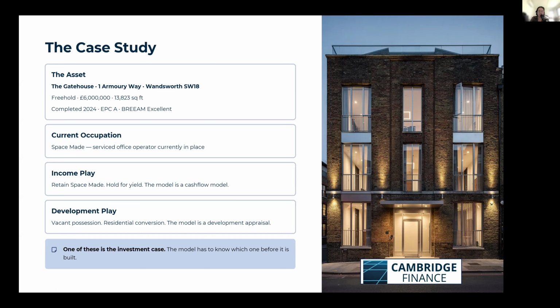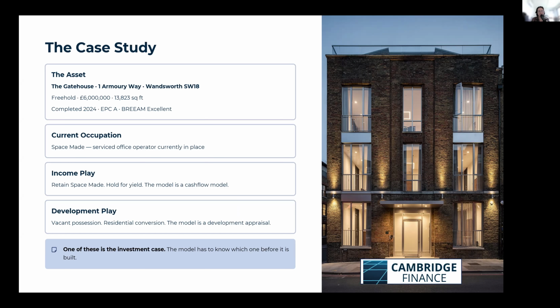It's an income play: retail space, hold for yield, and the model is a standard cash flow model, with the rents, and you assume that you're going to increase the rent at some point. Or what I think is more realistic in this case would be to do a residential conversion, and then the model becomes a development appraisal.